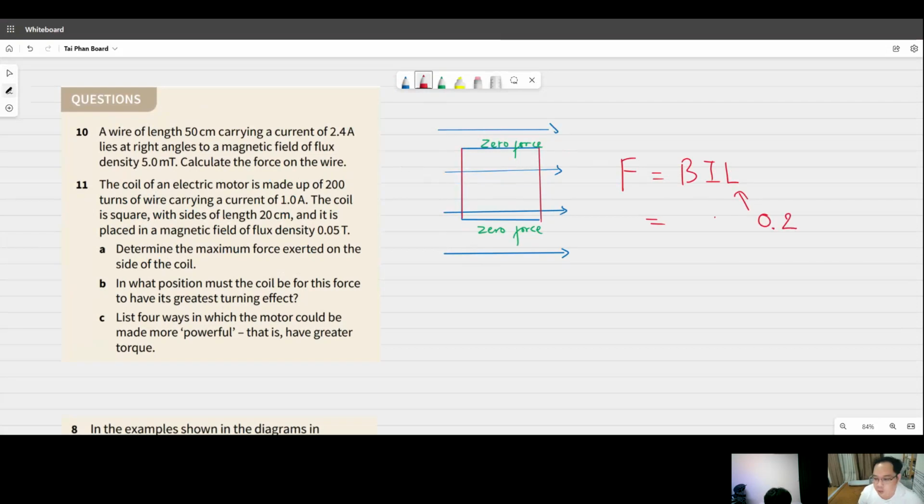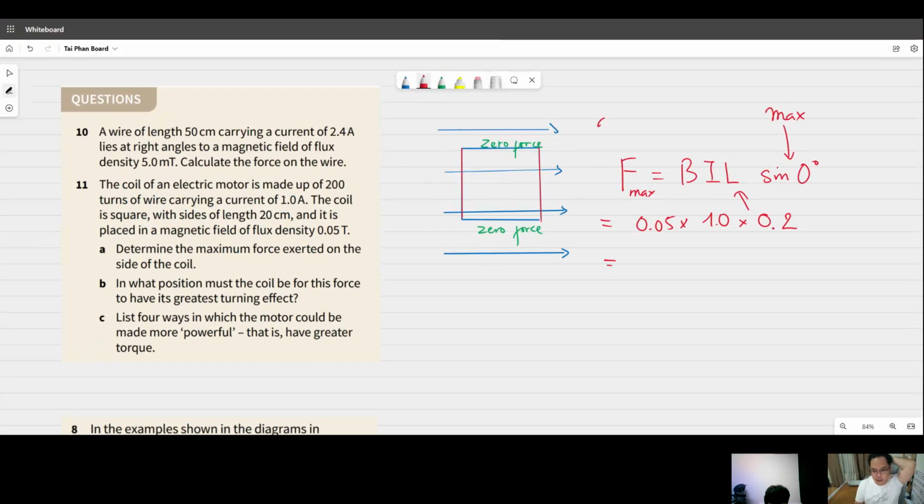The current is 1 ampere, and the field is 0.05 tesla. So this is the maximum force. It is the maximum because the angle is 0 and sine of 90 degrees is 1, which is the maximum value.